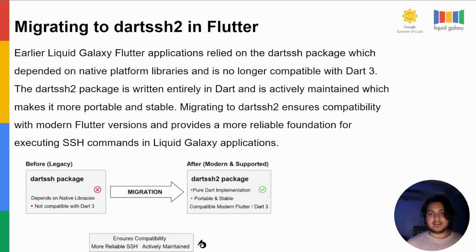Instead, we use the dartssh2 package, which is written entirely in Dart and is actively maintained, which makes it more stable and compatible with current Flutter releases. Migrating to dartssh2 ensures that our application remains reliable and future proof.